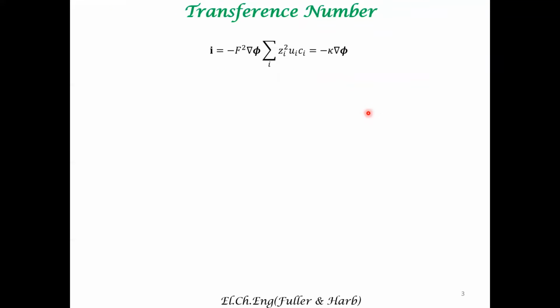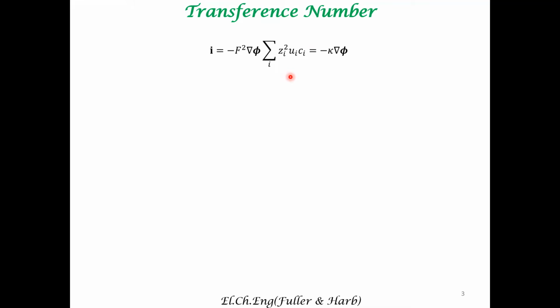Just to begin with, we will introduce another term that's going to be of relevance, especially in a system wherein there is no concentration gradient. So in some previous lecture, we had derived a form of Ohm's law for an electrolyte.